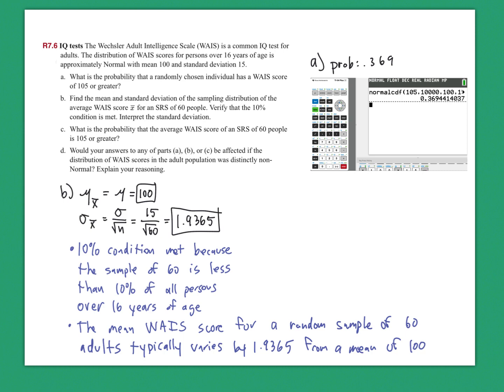Okay, part C. What's the probability that the average WAIS score of a simple random sample of 60 people is 105 or greater? Okay, so we've already said the mean and calculated the standard deviation for the sampling distribution where n is 60.